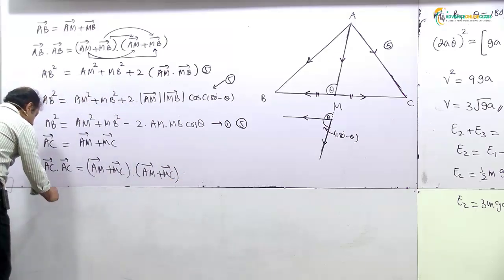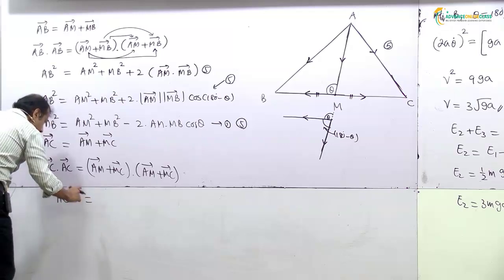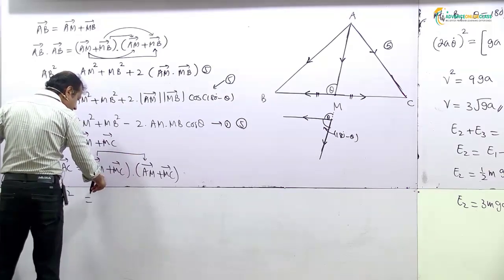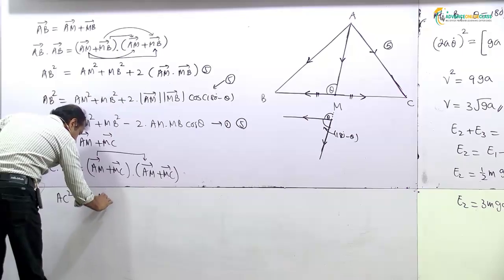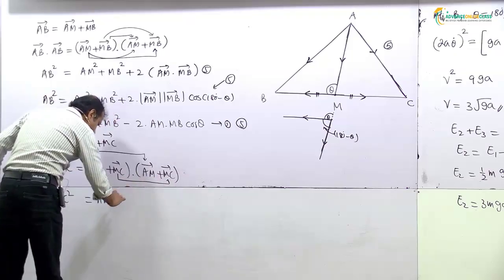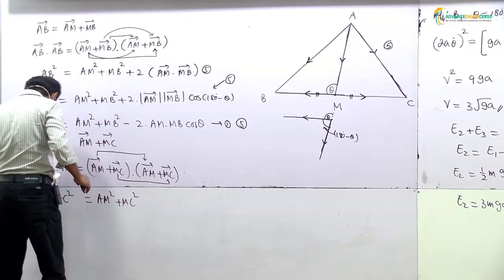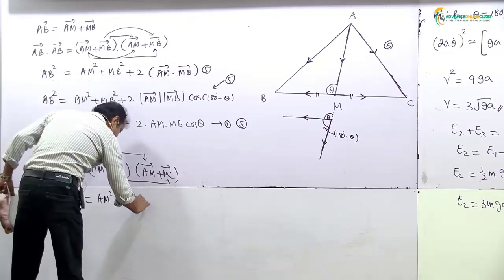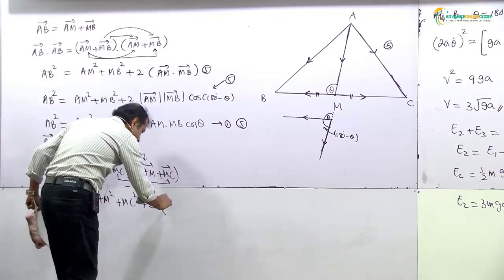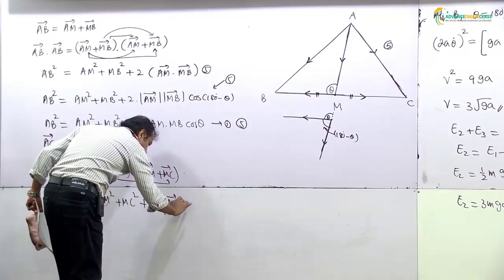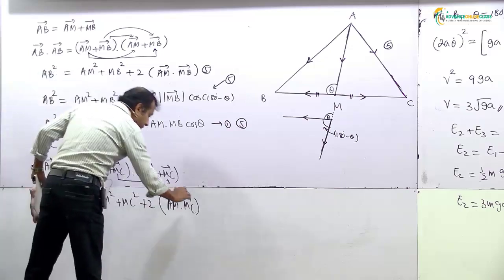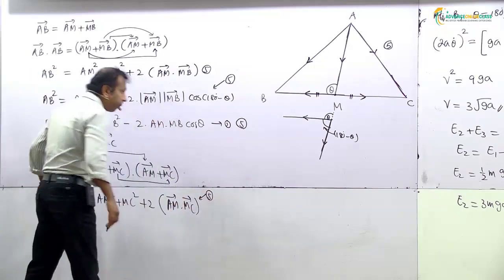Left hand side AC dot AC means AC squared. Here we get what? This and this when you take the dot product: AM vector dot AM vector means AM squared. MC vector dot MC means MC squared. And as before, we get 2 times AM vector dot MC vector. For this, we get 5 marks.